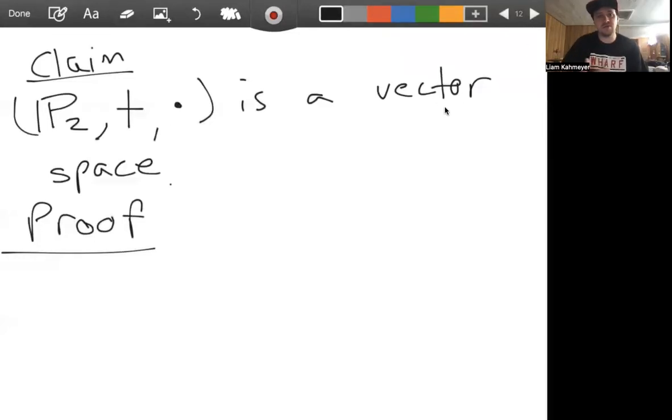So how do we prove something is a vector space? Well, if you remember, we have to show that the addition and scalar multiplication operations satisfy their respective list of axioms, right?